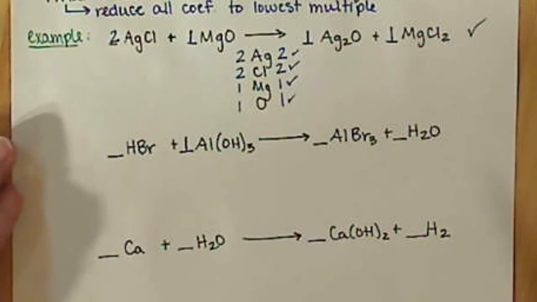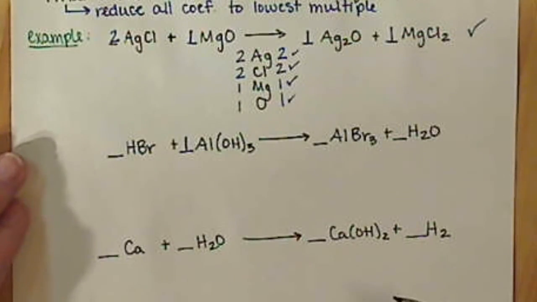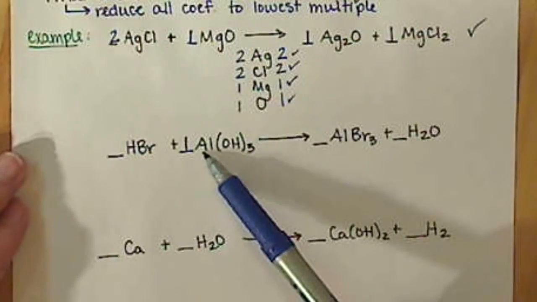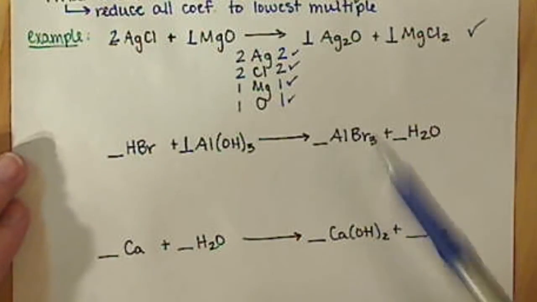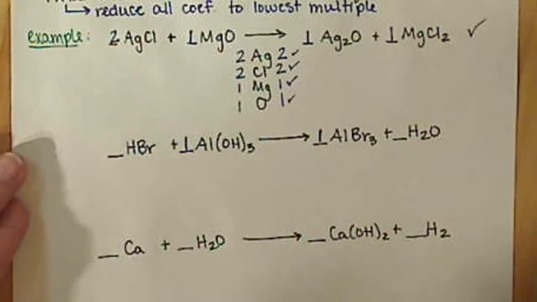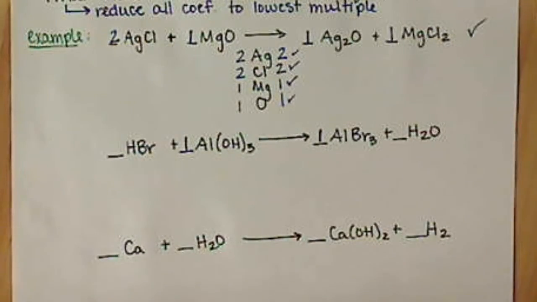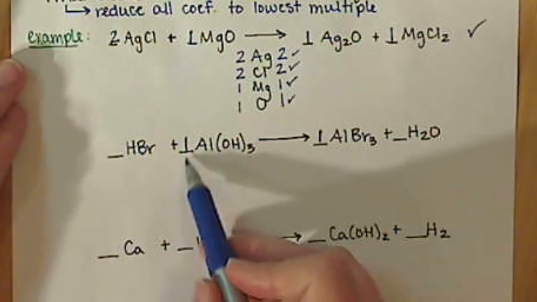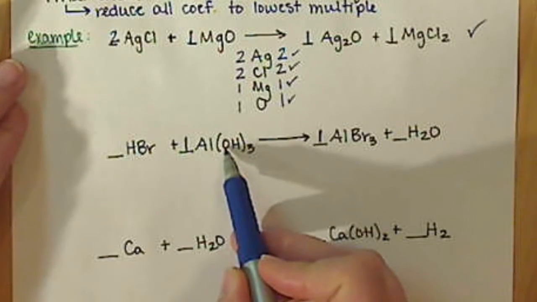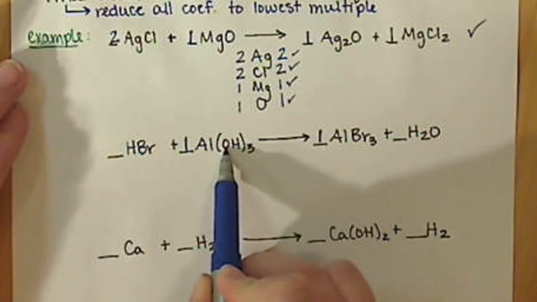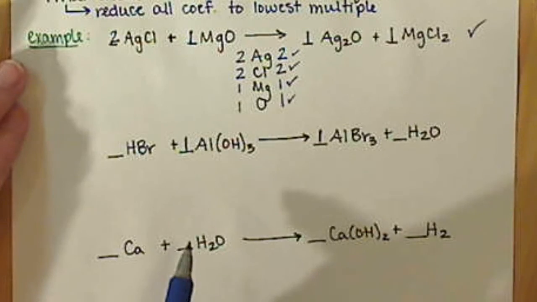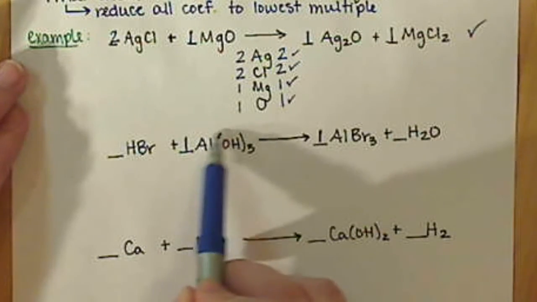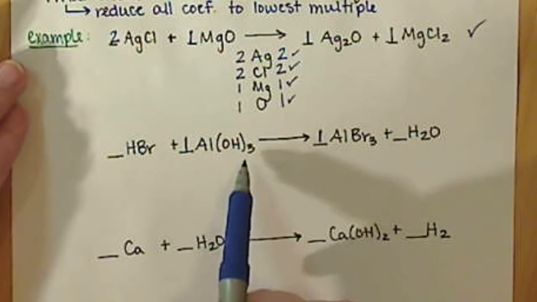So I start by balancing each element in my starting compound. I have 1 aluminum, so I go over to my products, and I need 1 aluminum. I go back, and I have 3 oxygens for each molecule of aluminum hydroxide.